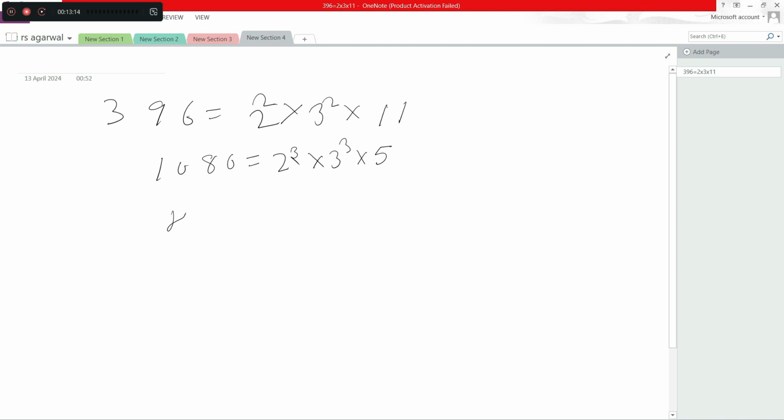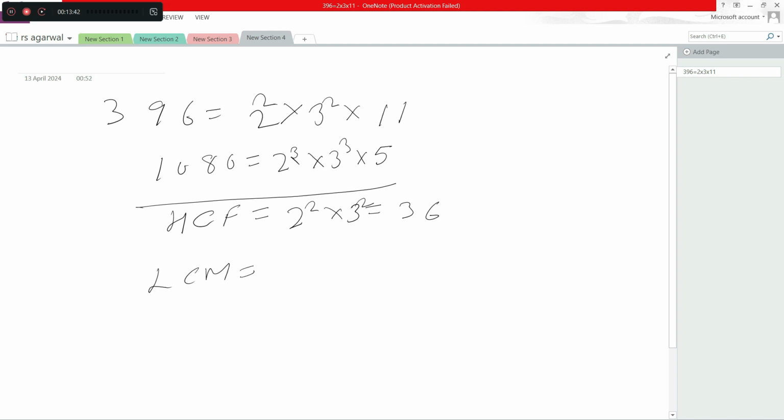So HCF is equal to, as I said, we have to take the lower one. So 2 square, and between 3 square and 3 cube we'll take the 3 square. 11 and 5 we will not take because they are not common. So 2 square into 3 square, the answer is 36.